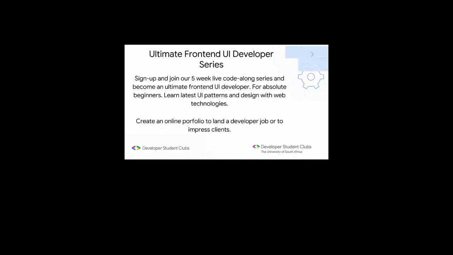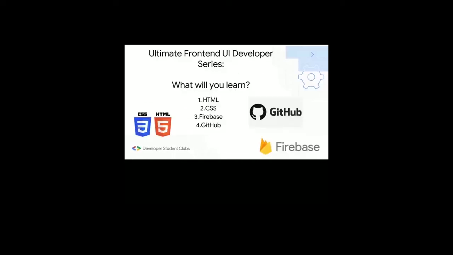It's ending at the end of this month. It will be the end of this 5-week series. So what is this 5-week series about? It's an ultimate front-end user interface developer series, in which you will learn HTML5, CSS3, Firebase, and Git.